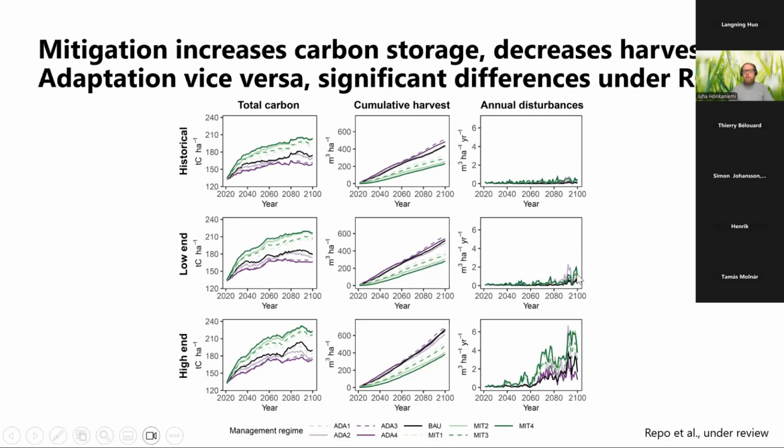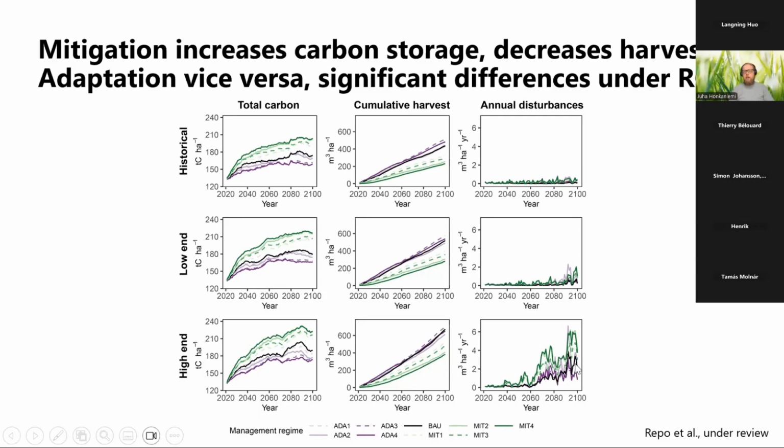A bit of increase in the low-end climate change scenario after 2050, especially in the mitigation, but some also in the adaptation scenarios. And under high-end RCP 8.5, we are starting to see more increase. And here, with the longer rotation lengths, we see more disturbances, and the adaptive scenarios are working quite efficiently.